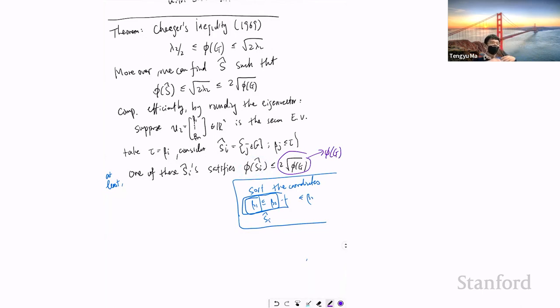Of course, maybe there are multiple best cuts, but you would definitely find one of them. However, we don't have that strong a theorem. We only show 2 times square root phi of G, so you lose something. Square root phi of G is bigger than phi of G, because phi of G is less than 1. So you lose some factor in terms of the best possible conductance.